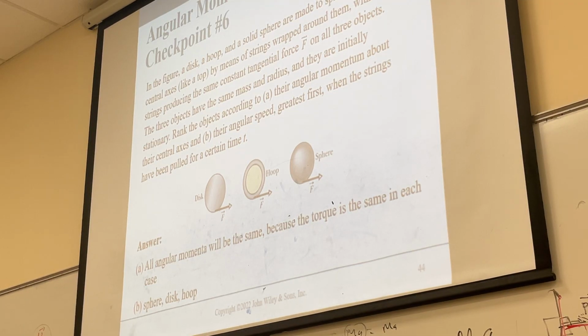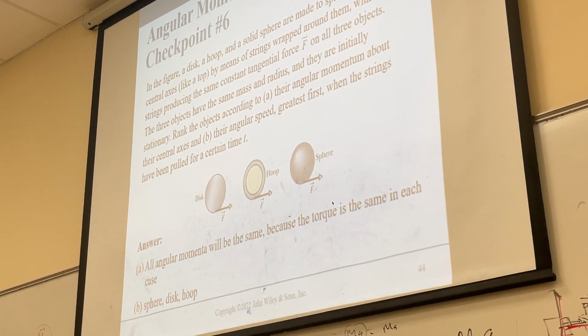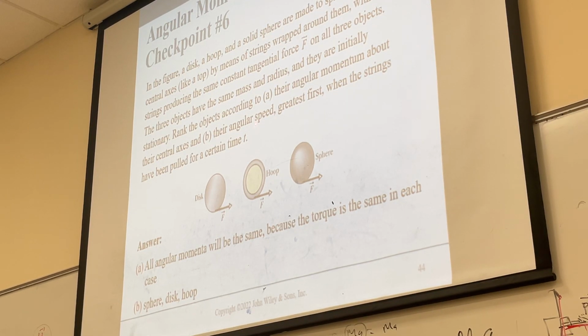Okay, so let's read the question. A disk, a hoop, and a solid sphere are made to spin about a fixed central axis by means of a string wrapped around them, with the string producing the same constant tangential force. The three objects have the same mass and radius, and they are initially stationary. Rank the objects according to their angular momentum about their central axis.